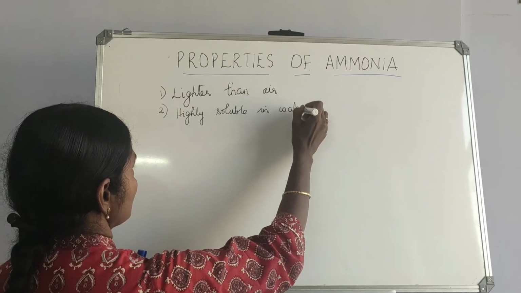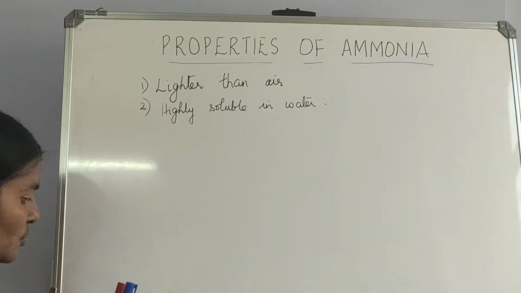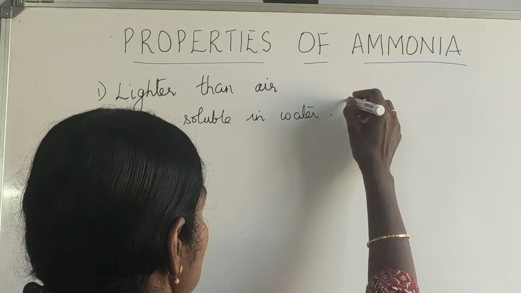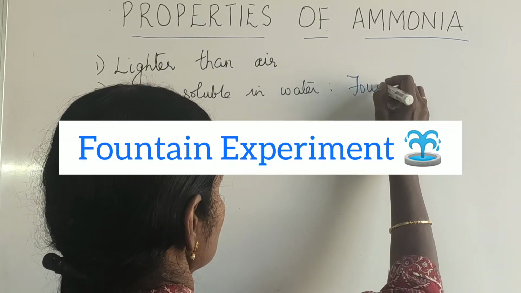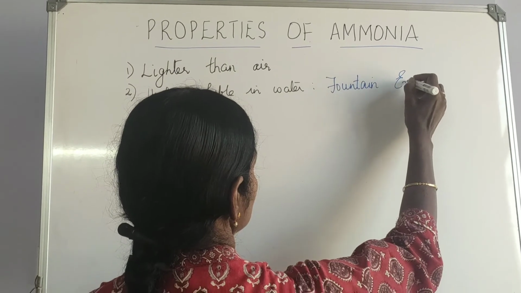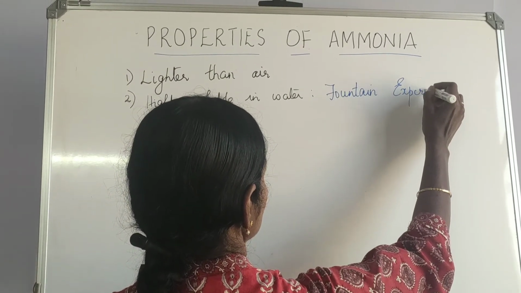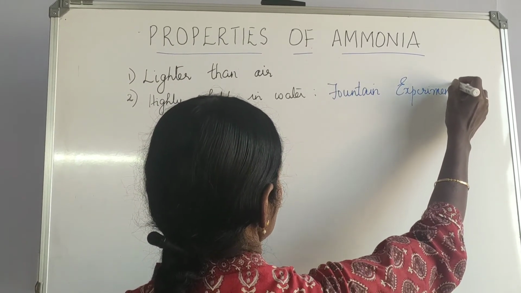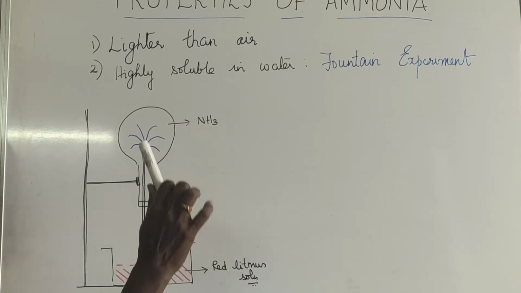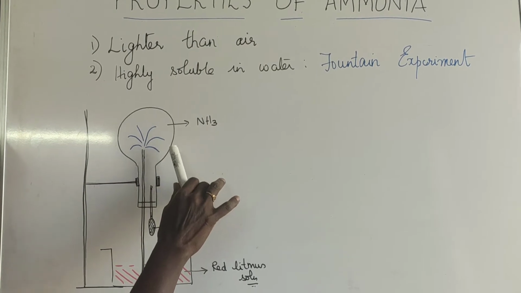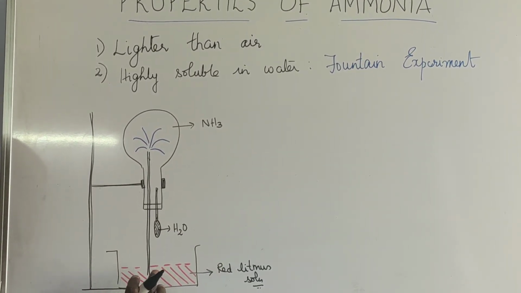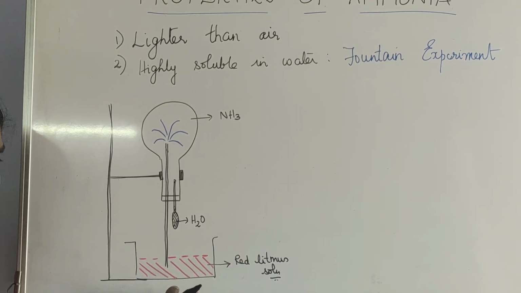To prove this high solubility in water, we use the experiment called the fountain experiment. The round bottom flask that is inverted is filled with dry ammonia gas, and there is the trough that contains red litmus solution.